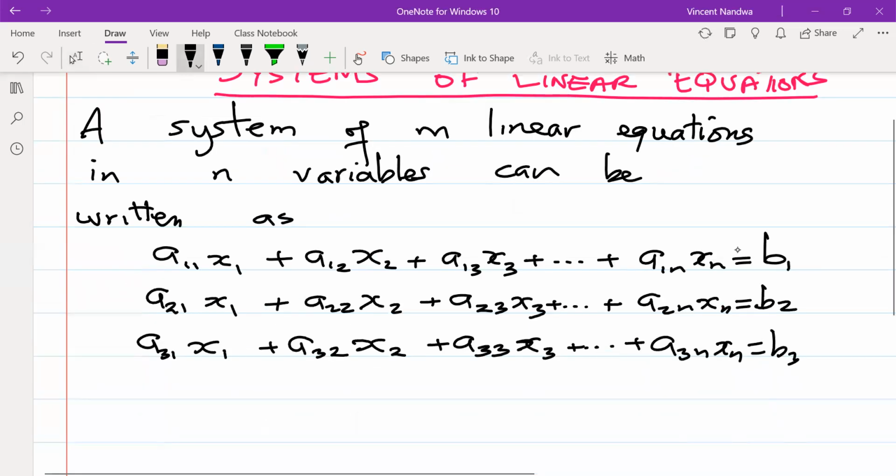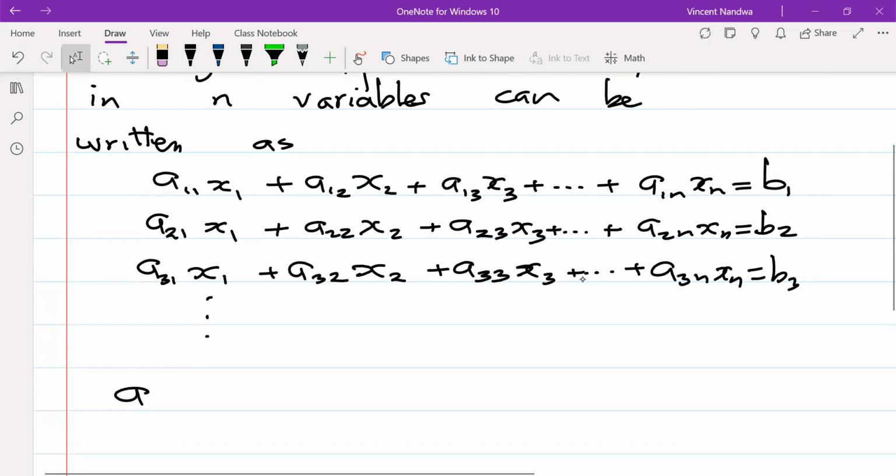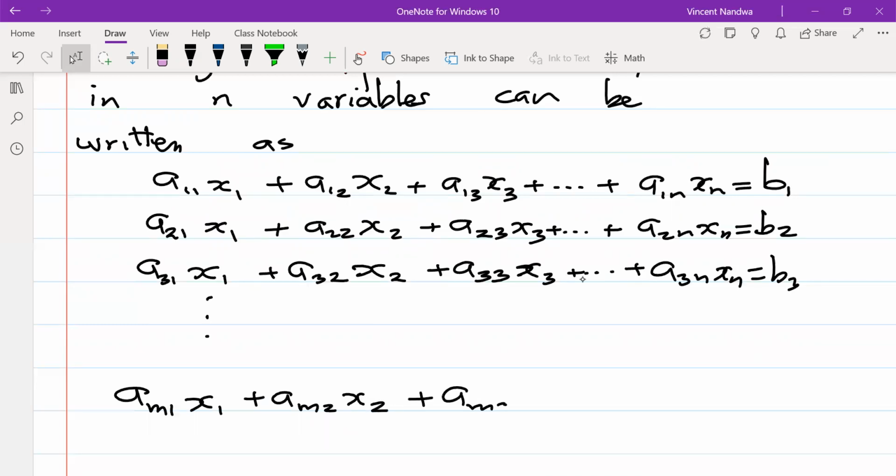We continue in this manner up to am1 x1 plus am2 x2 plus am3 x3 plus other several terms amn xn equals to bm.